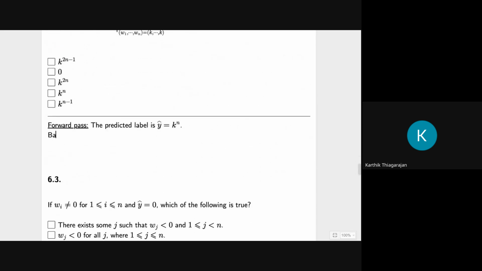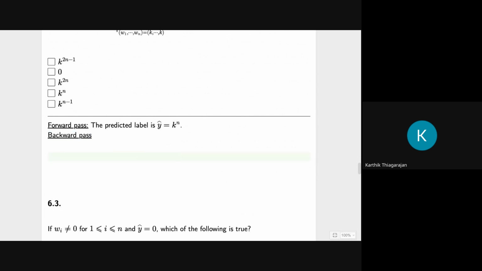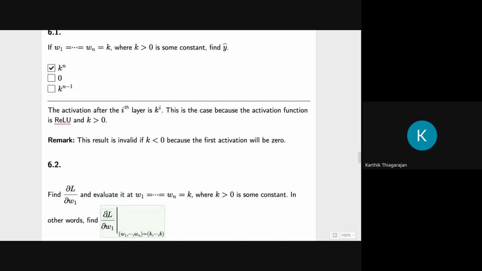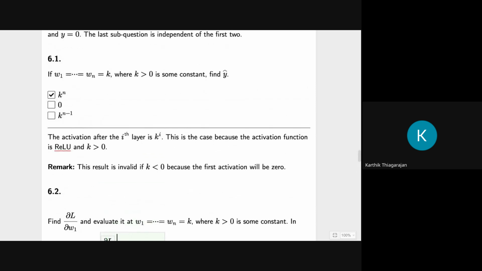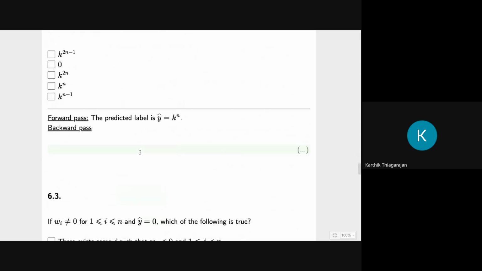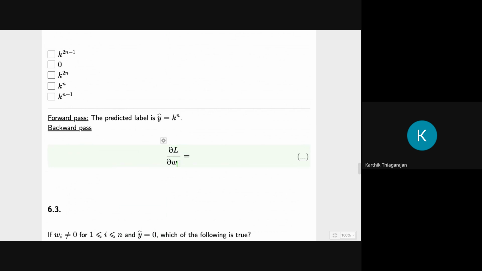Now you go for the backward pass. So what do you do? What will be the first step if you want the partial derivative? Start from the last step, so start from the loss. You have dou L by dou W1 is what you need.